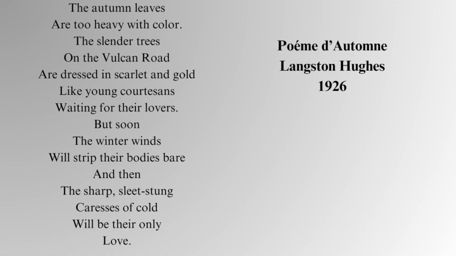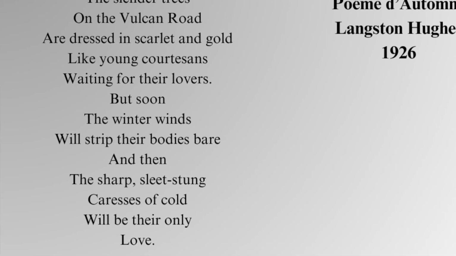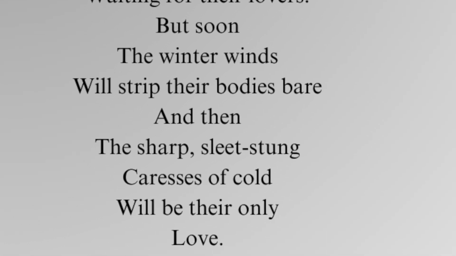I especially like where he says, winter winds and bodies bare, and then sharp sleet stung. You've got S sounds. It's very aggressive. Caresses of cold. You've got that C sound again and again, and so you've got this change in the feel of it, because the first half of the Hughes poem is very flowing and elegant, and the second part is very jagged and angry, and I really like that.